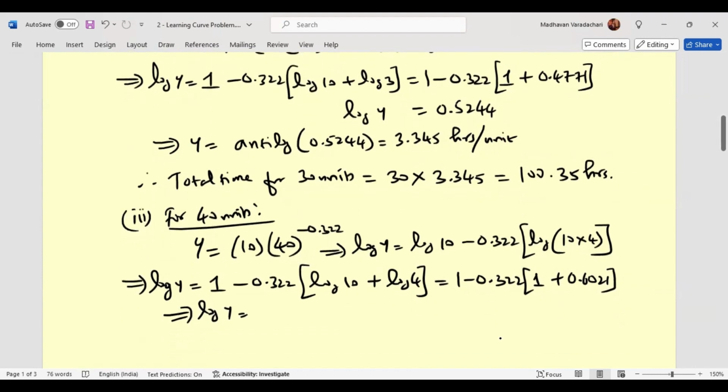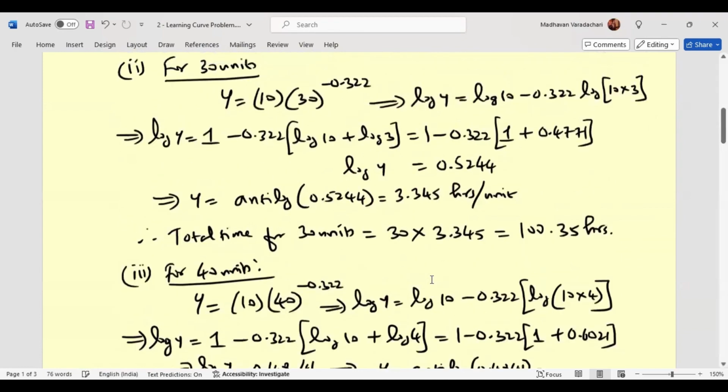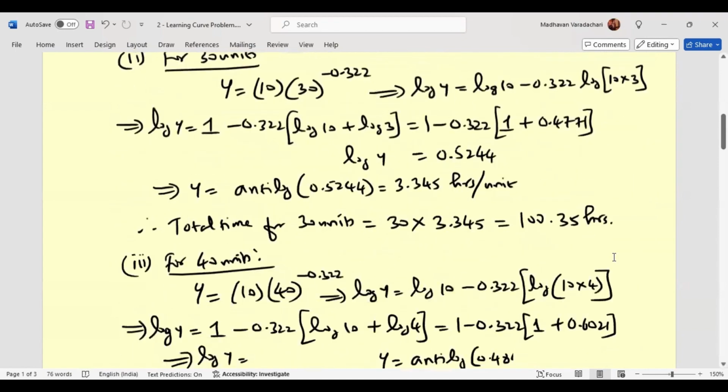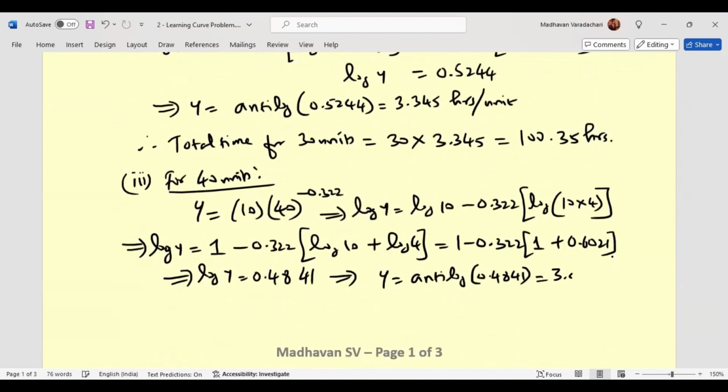We will get 0.4841, which means y is antilog of 0.4841. Antilog of 0.4841 is given in the question as 3.049 hours.